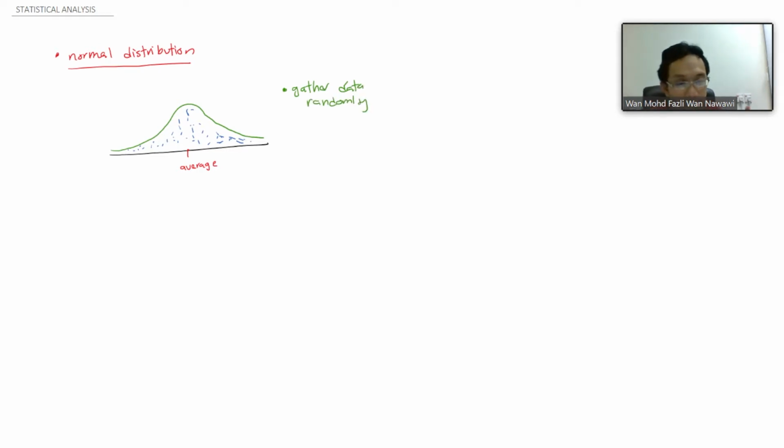Then those data, more often than not, will accumulate like a bell curve. We also call it a bell curve, or another name is the Gaussian curve, but normally people call it the normal distribution. How data is distributed.